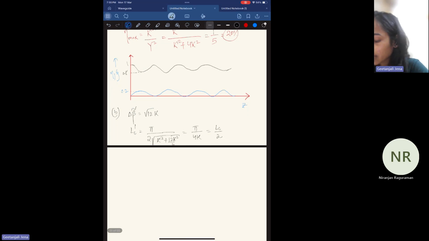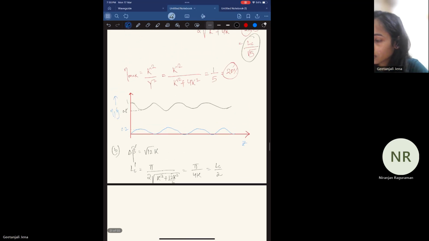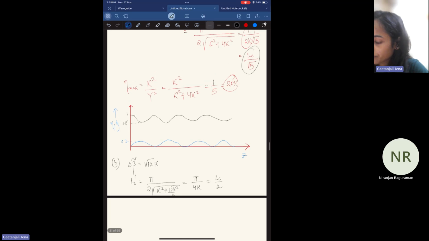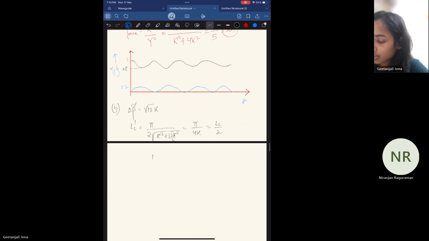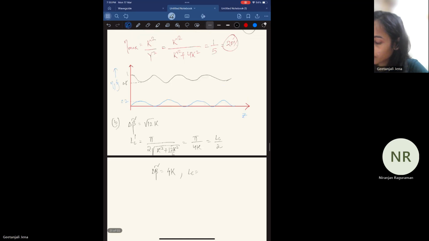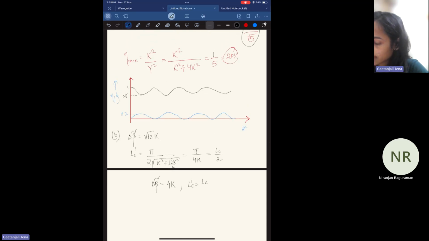I think coupling length is inversely related to gamma. If gamma increases, LC will decrease. So here, for delta beta tilde 4k, we got LC by root over of 5.